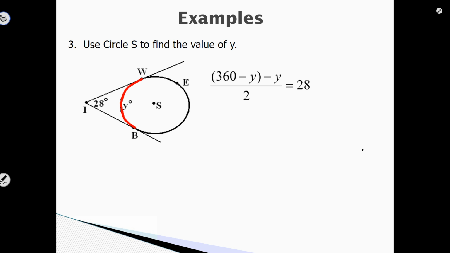Okay, so what are we doing first? Multiply by 2. So then over on this side, I would have 360 minus Y minus Y. So 2 negative Y's, when we combine them, we just have negative 2Y, right? So 360 minus 2Y on the left.